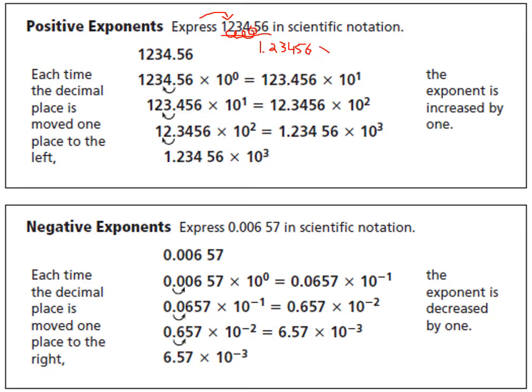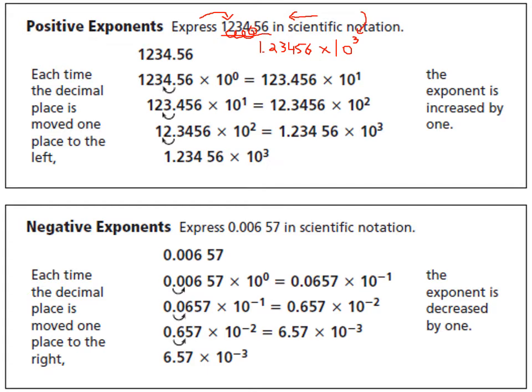Then I do times 10, and the exponent I figure out based on how many times I moved the decimal. I moved the decimal 3 spaces. Now when you move towards the left side, your exponent is going to be positive. You're not going to put a negative sign in front of it. It's going to be positive.